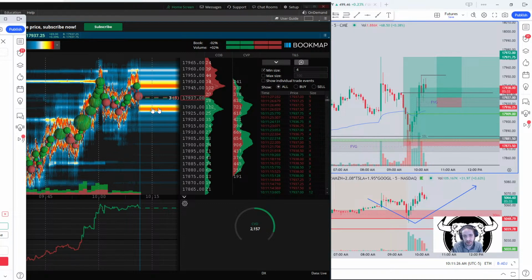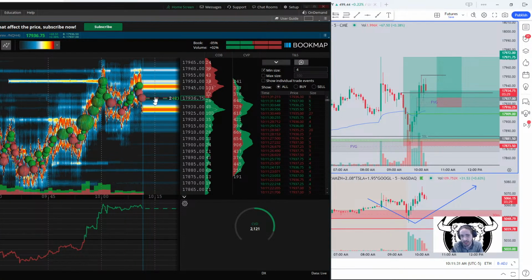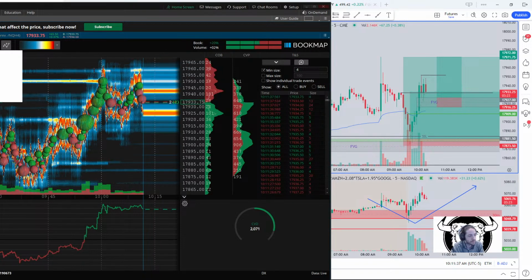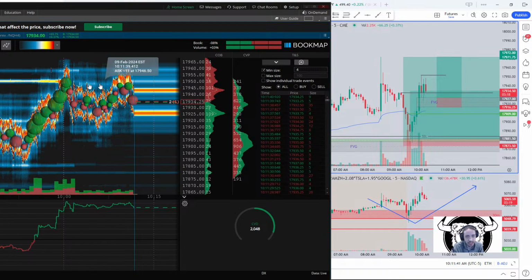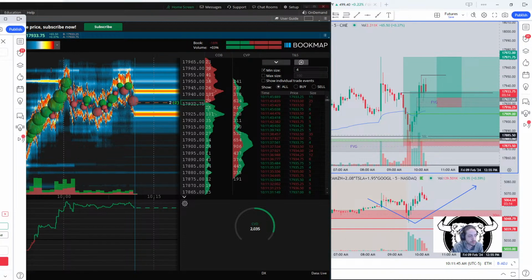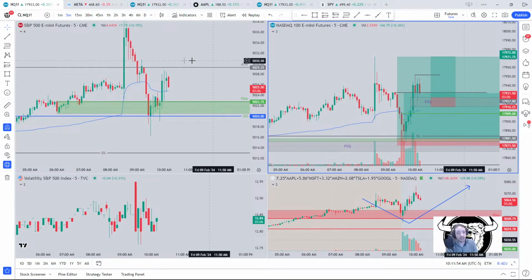So look at the buy orders. When you're using Bookmap, whatever are the heavier looking levels, these big red levels, that's where a lot of passive orders are sitting to be filled. So let's see if we want to hit that and hold. Three minutes on the 15. I'm really being patient on this 5 minute, guys, because I'm waiting for the 15 to close.